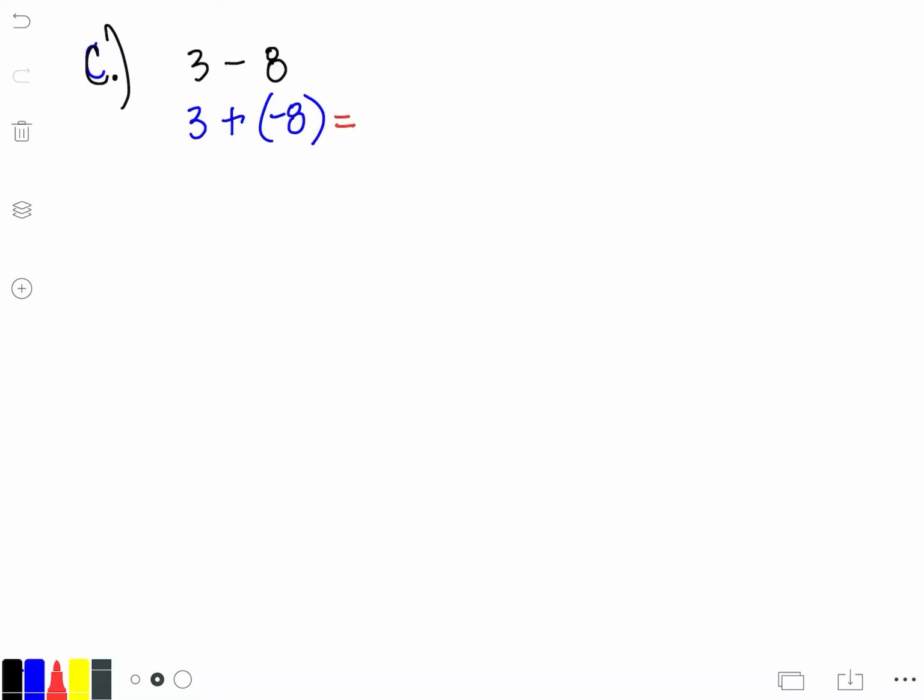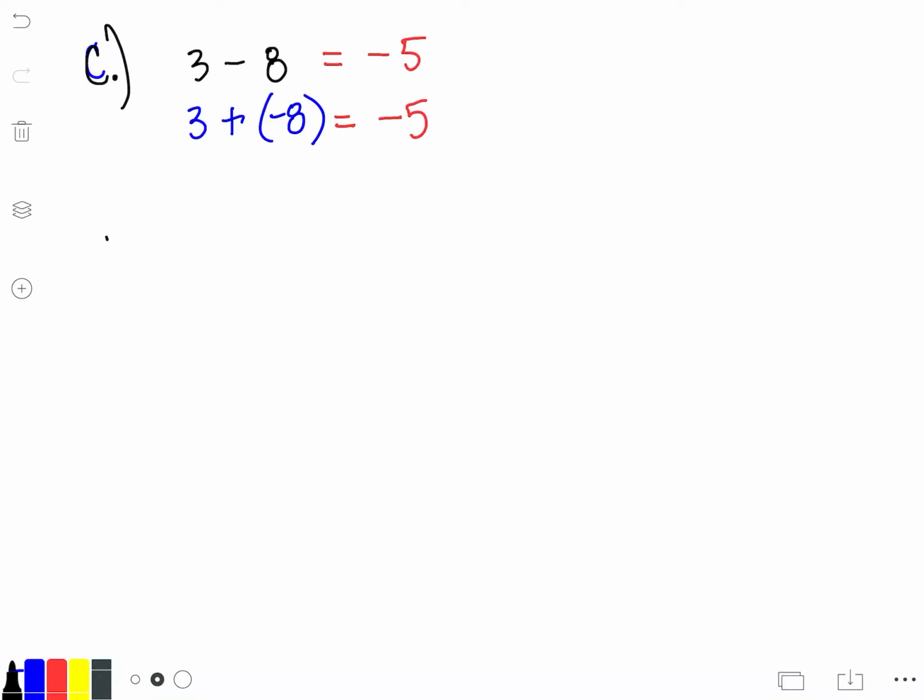If you have different signs, you actually subtract them and keep the sign of the number with the larger absolute value. So our negative 8 has a larger absolute value, so I know that this answer is going to be negative. 8 minus 3 is 5, so this answer is a negative 5. And 3 minus 8 is also a negative 5. Both of those answers are the same.